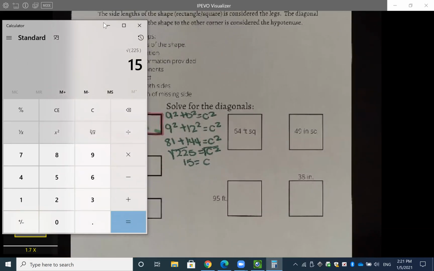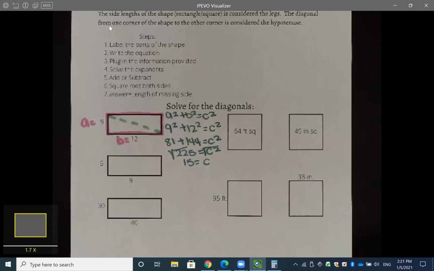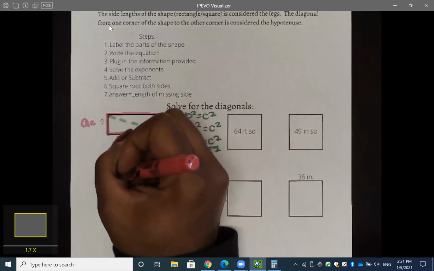Now I'm going to show you a different way that's a little quicker and will be beneficial to you. So the first couple of steps are the same. We are going to identify the sides of the shape.